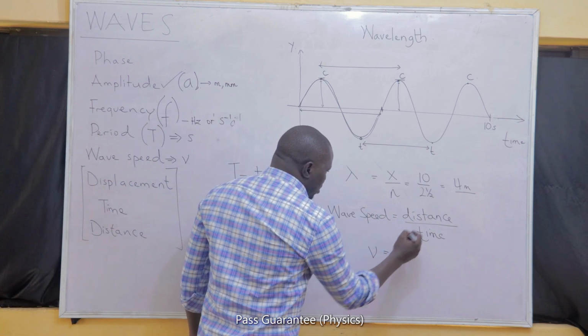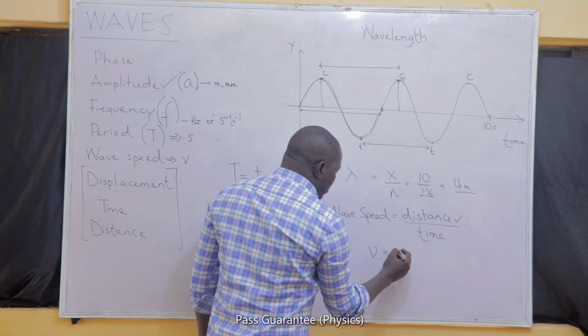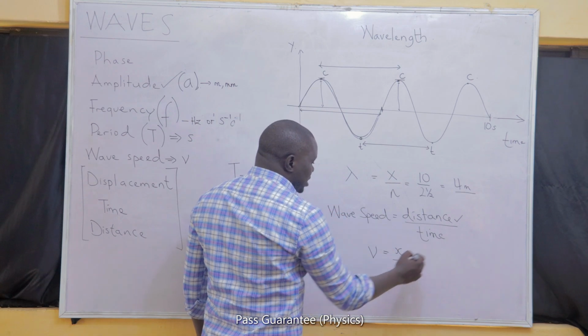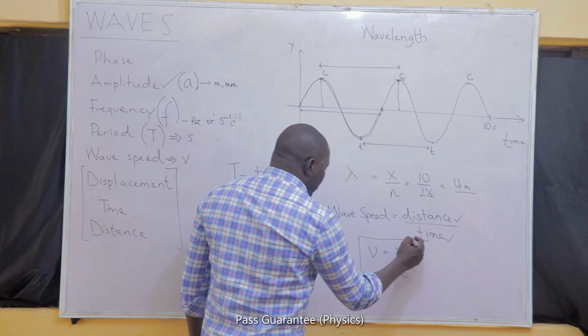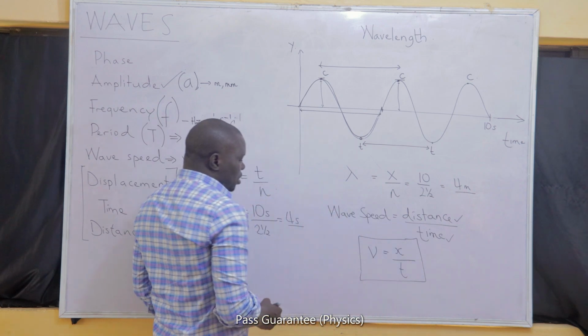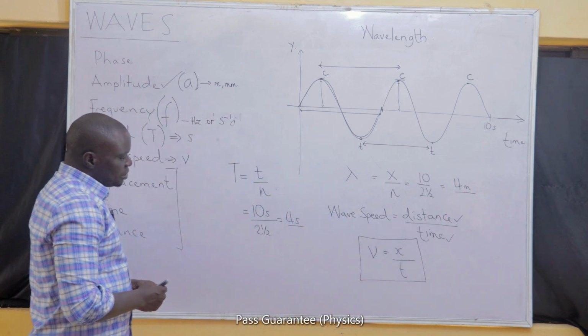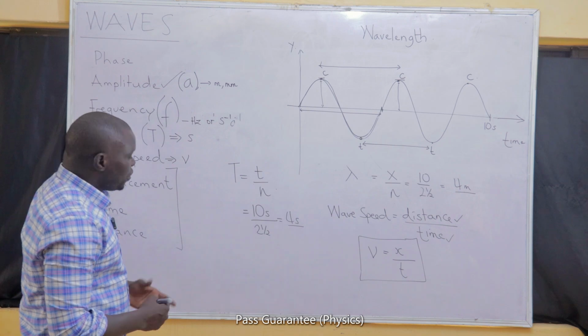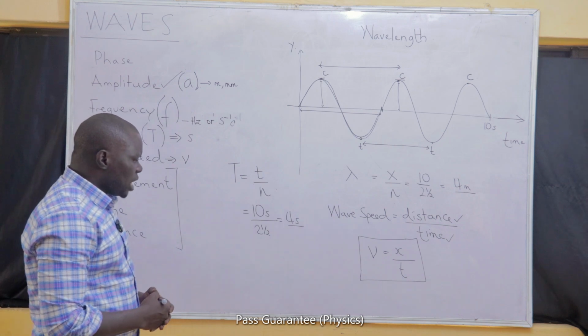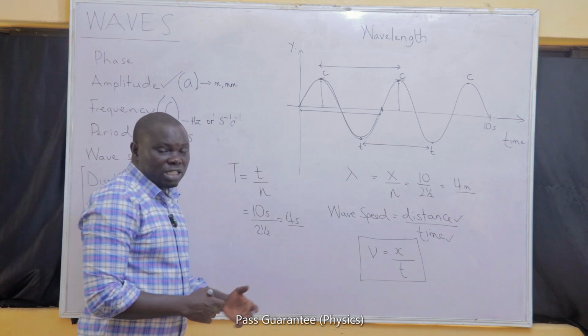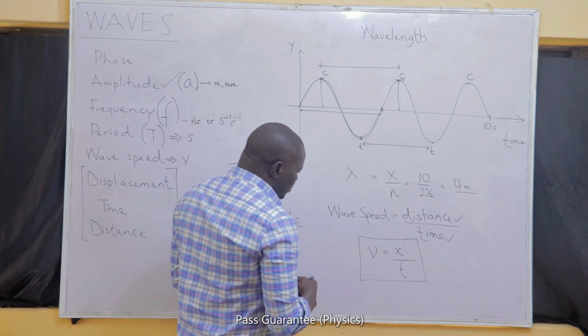The distance, as I told you earlier, is represented by the letter x. The time is represented with the letter t. So this is the formula for finding the speed of a wave. Now there are instances where we can invert this formula to give us another formula.